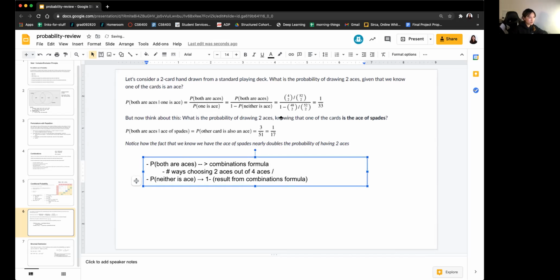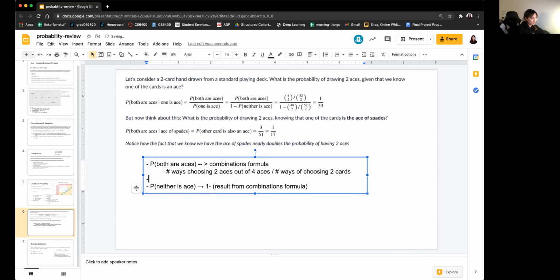That's where you get 4 choose 2, divided by the number of ways of choosing 2 cards. So that's how you get to 4 choose 2 divided by 52 choose 2. You can put that here.